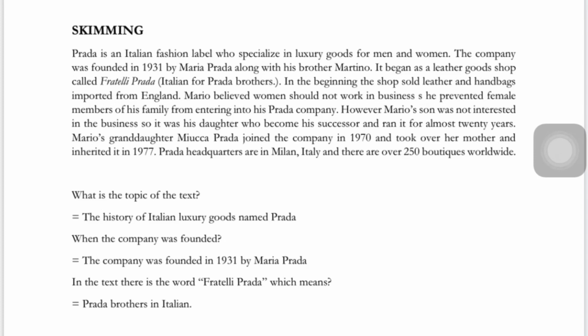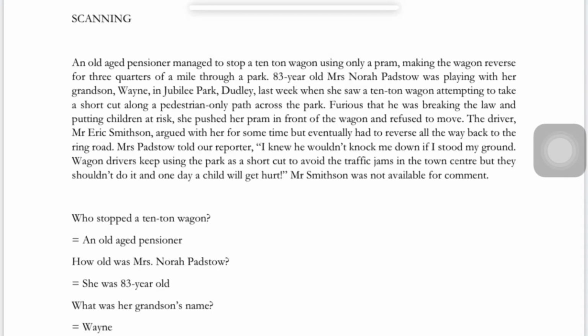And going back to my explanation about skimming: skimming can be understood as the technique of speed reading, wherein the reader pays attention to the main point within the passage only. The reader mainly needs to read the intro. Next is scanning.